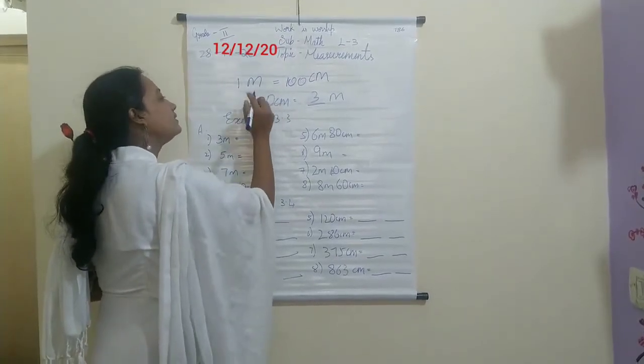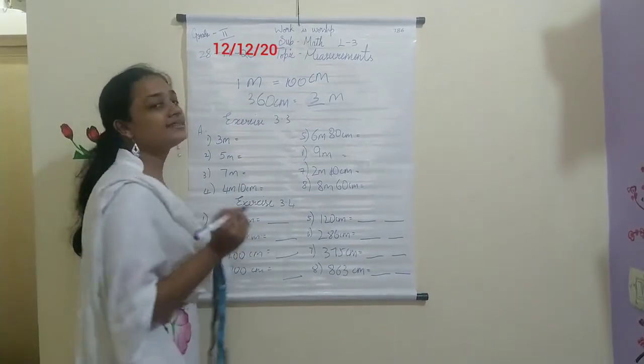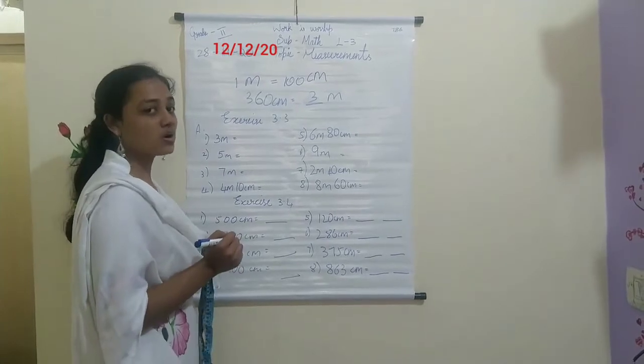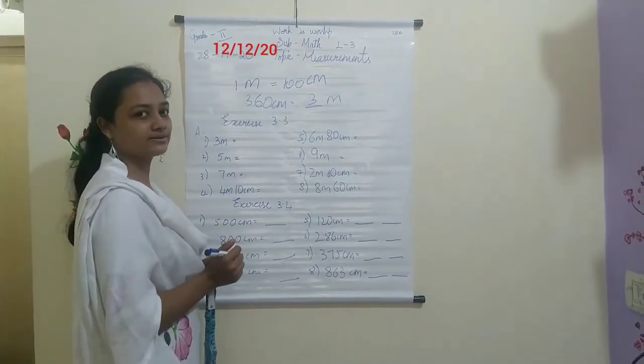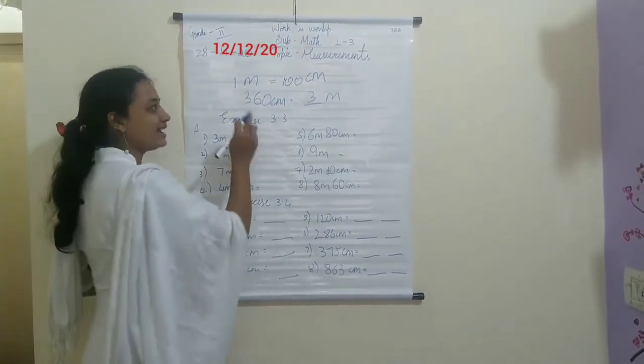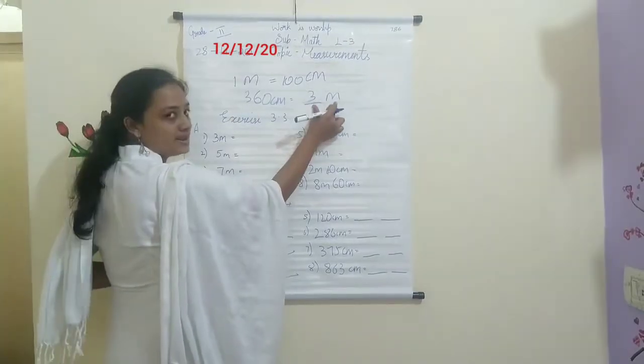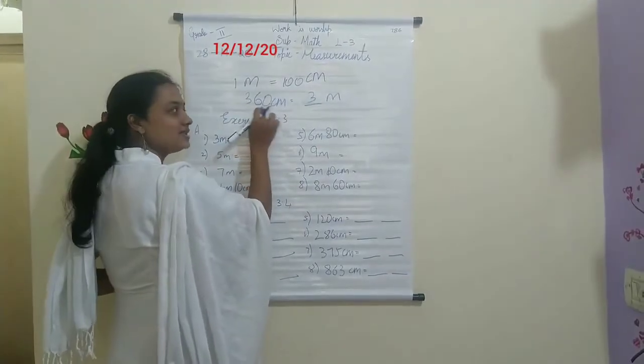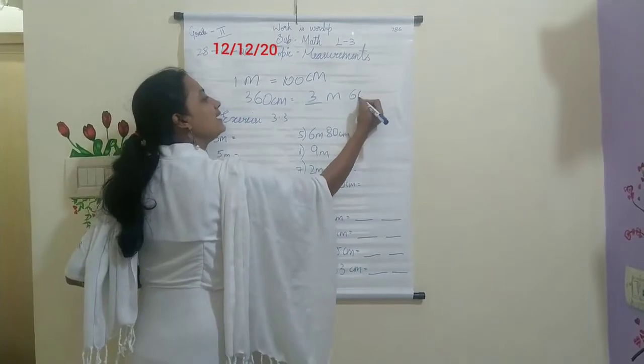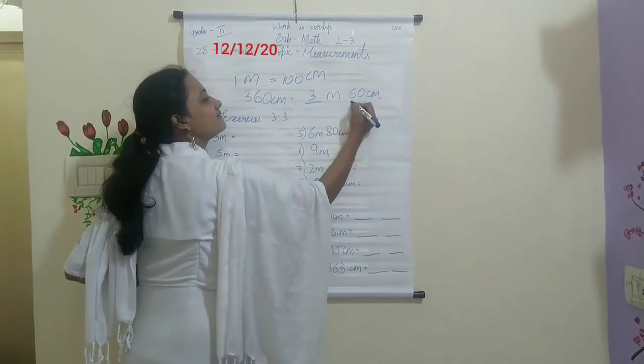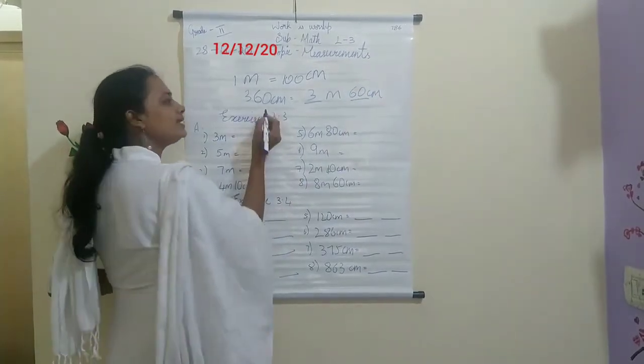I have 360 centimeters. Now how will I write this in meters? I will just write 3 meters. The remaining 60, I write as centimeters itself. So how will I write that?